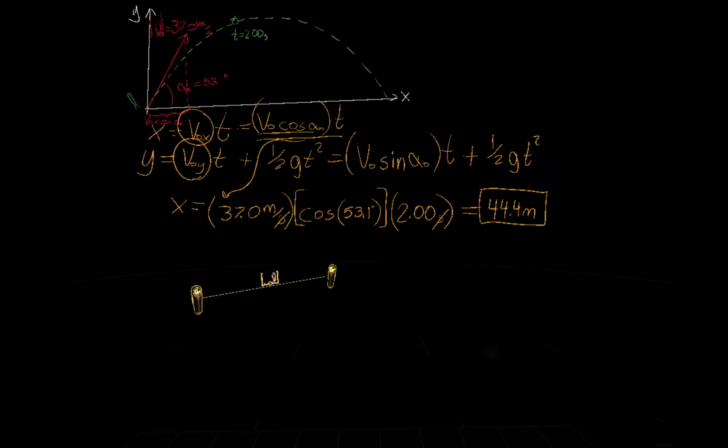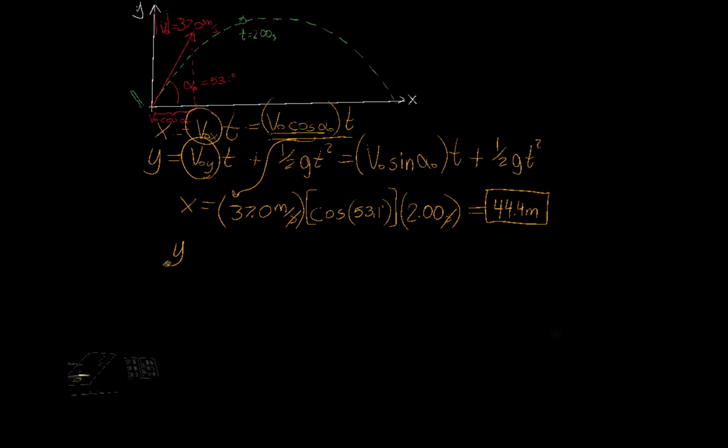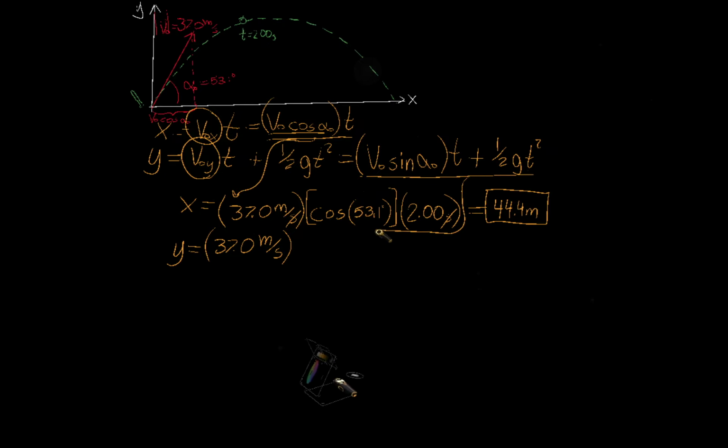And then similarly for y. Y is equal to 37.0 meters per second. Right, I'm taking now this whole equation, and plugging it in for y here, right? Times sine of 53.1 degrees times 2 seconds.